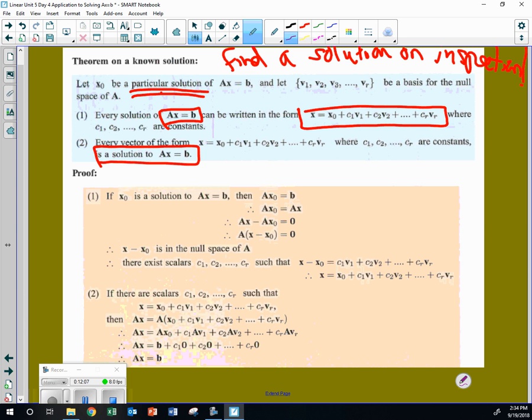What's A(x minus x0) equal to? 0. What was this sum equal to for a linear combination? 0. So x minus x0 is that, and we can add that x0 over.